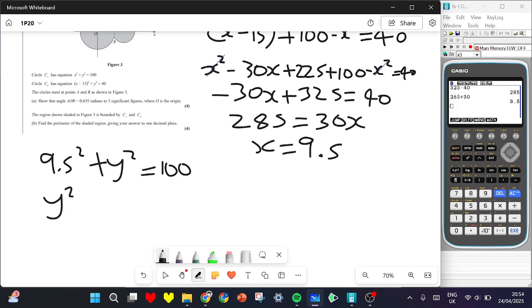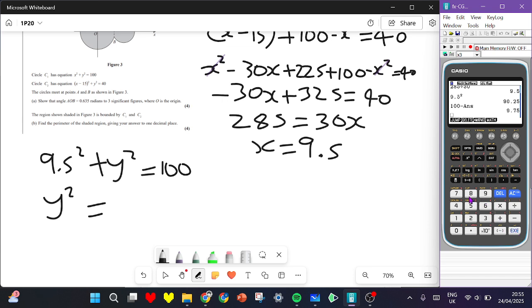So we want to solve for y, so if you rearrange this, you get that.